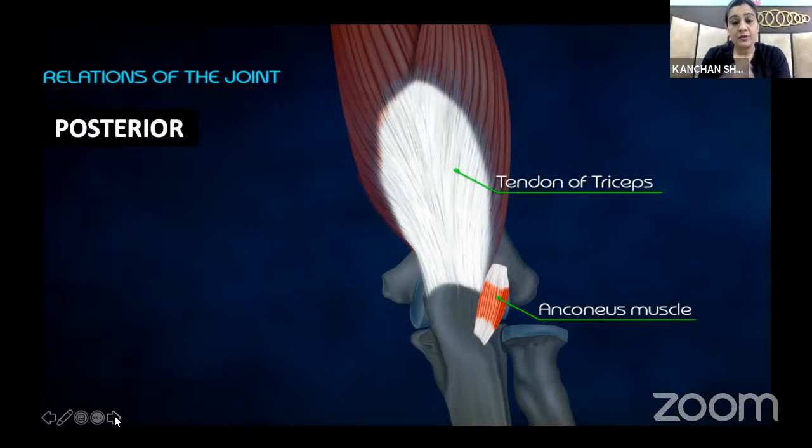So posteriorly, it is covered by the tendon of your triceps. Triceps has a long head on the medial aspect, a lateral head on the lateral aspect, and beneath these two you have the medial head. The three of them combine to form a tendon, and it inserts on the distal portion of this olecranon process.